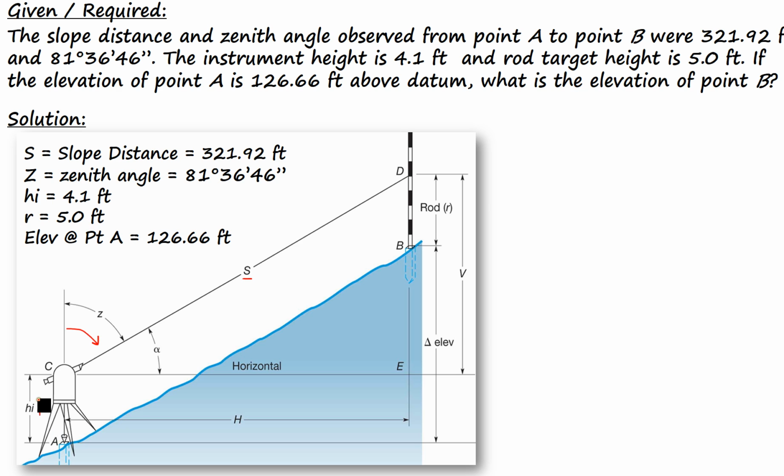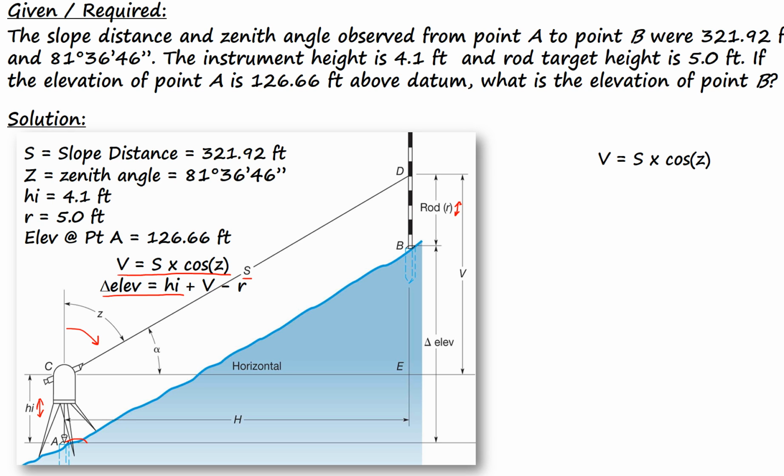The height of the instrument is here, and it's 4.1 feet, and the rod height here is 5.0 feet. Now, the elevation right here is 126.66 feet. The equations that we're going to be using: we're going to solve for the vertical change, and then we're going to solve for the change in elevation. We'll use those two equations to solve for the elevation at B.